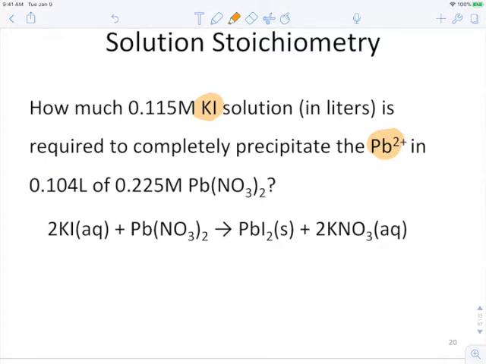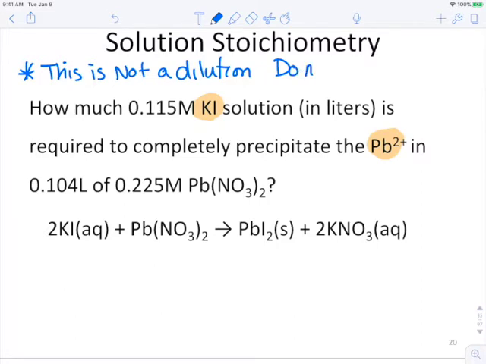But just looking at it and seeing that there are two chemicals, could you immediately identify that you cannot use the dilution formula here? Okay, so I'm going to put a big note on here. This is not a dilution. The reason is because I can see at least two chemicals in there. So questions on that? Questions about why we can't treat this one as a dilution?